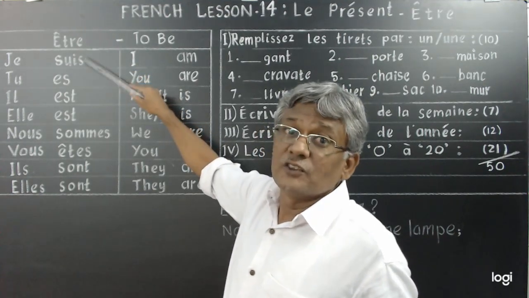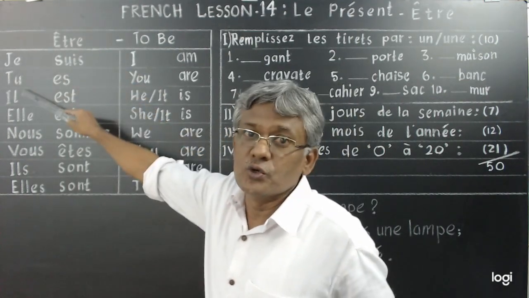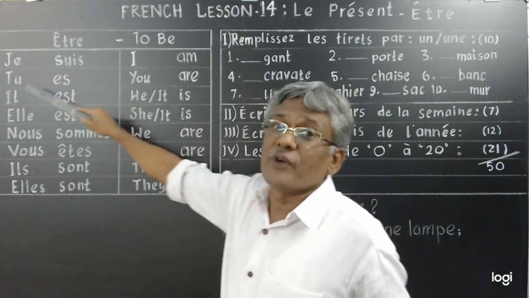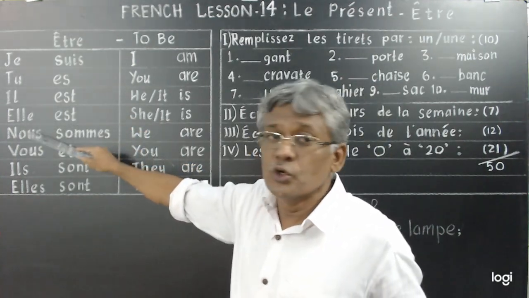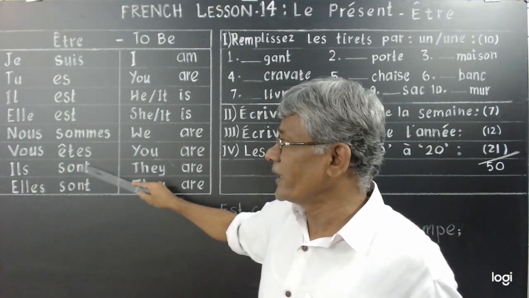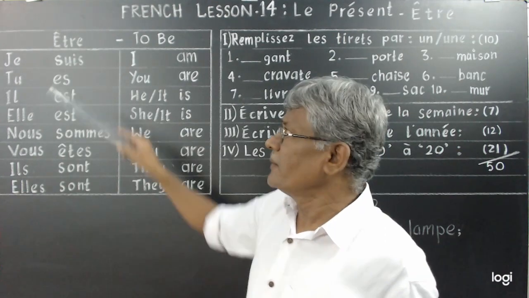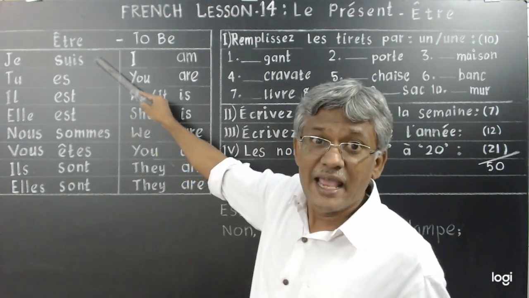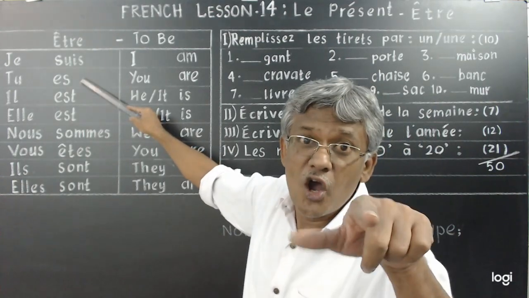Être becomes suis for je. Être becomes es for tu. Être becomes est for il, est for elle, sommes for nous, êtes for vous, sont for ils and elles. You understand the meaning? Je suis, I am. Tu es, you are.